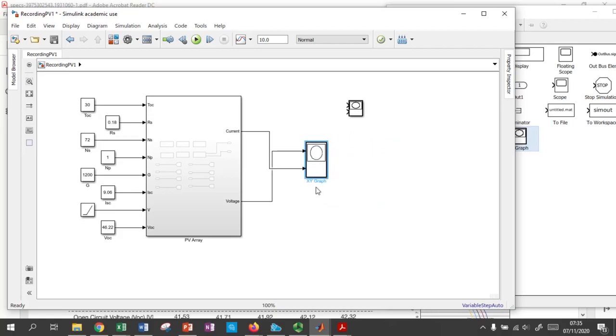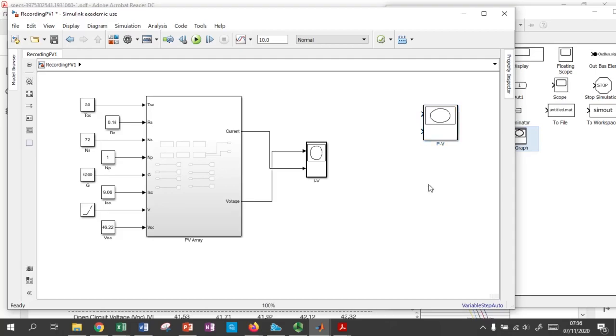I changed it to the IV, and the other one needs to be here. This is a power versus voltage.